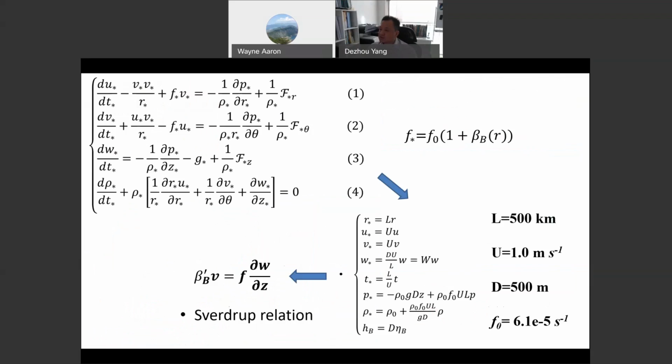So using the momentum equation and the thermodynamic equation, and doing some scaling analysis, we can get a Sverdrup relation. This is the Sverdrup relation. This beta mainly came from topography. It's not a planetary beta.